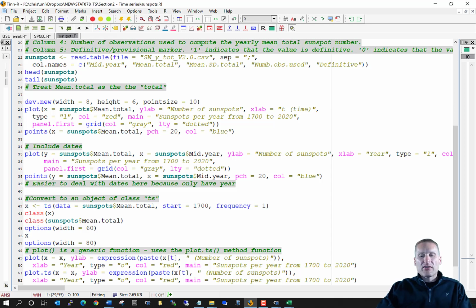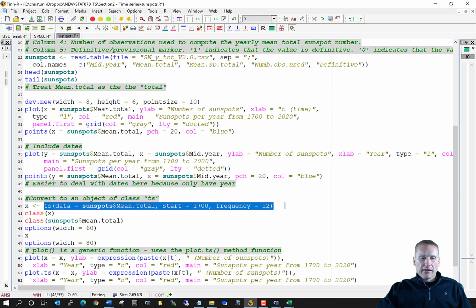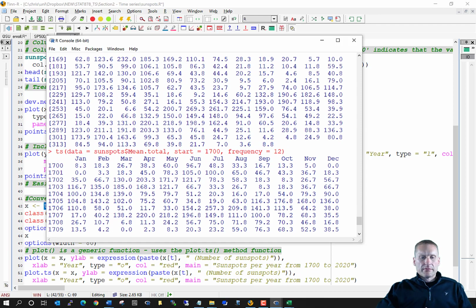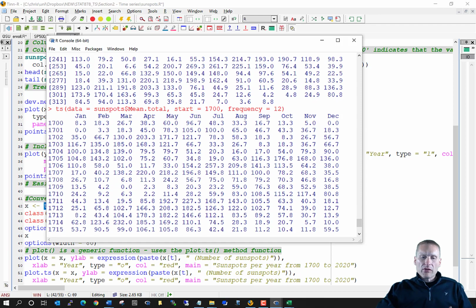Just to show you how this ts function works, suppose instead I had a frequency of 12, and we just highlighted that. Of course, there's 12 months in a year. So now, by putting frequency equal to 12, R thinks you have time series data that's been collected over months.